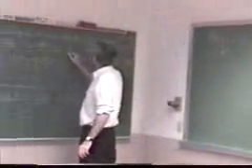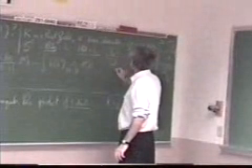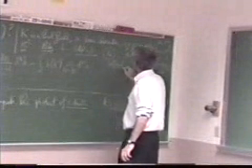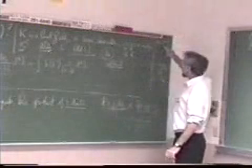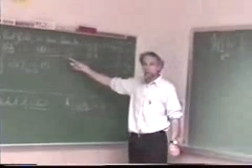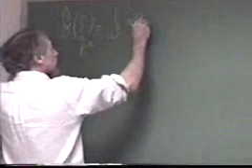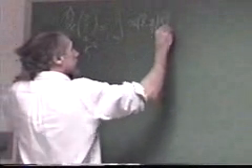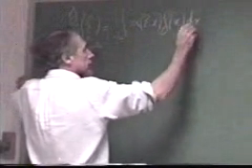I normalize the additive Haar measure dx so that it is self-dual. For instance, when you take this as a basic character of R, it is the usual measure dx, which is self-dual. So f hat of ξ is given by the integral of α(ξ·x) f(x) dx.